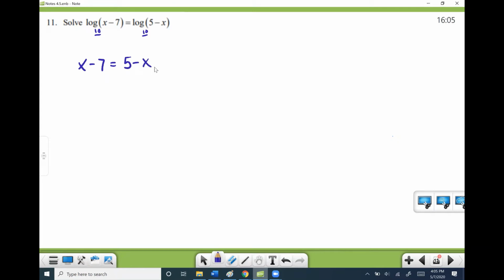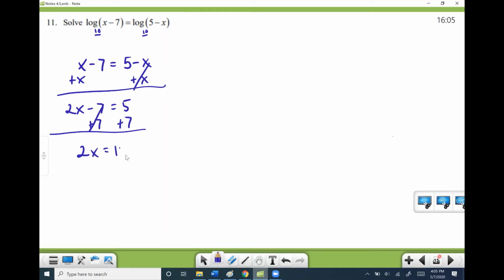And let's go ahead and solve this. So I'd add this x over. x plus x is 2x. Let's see, add the 7. And divide by the 2.